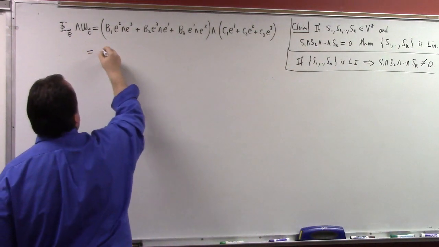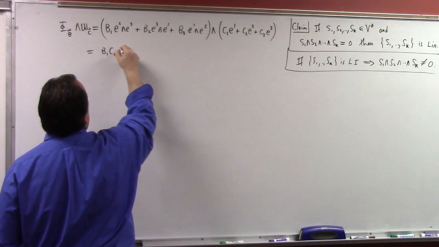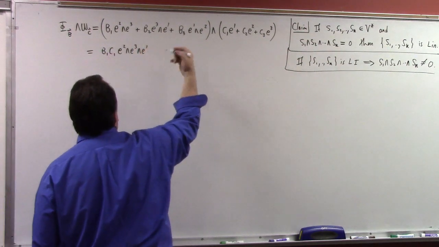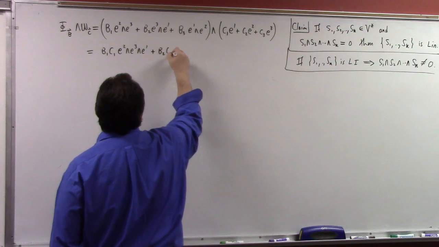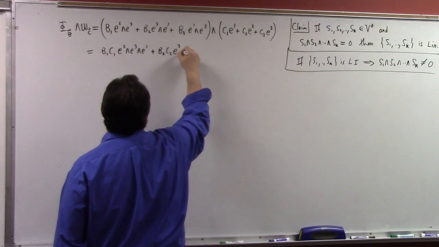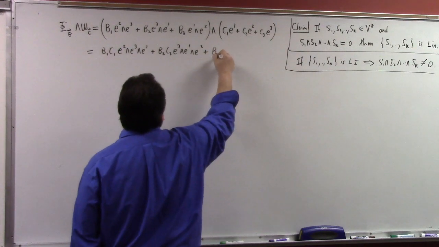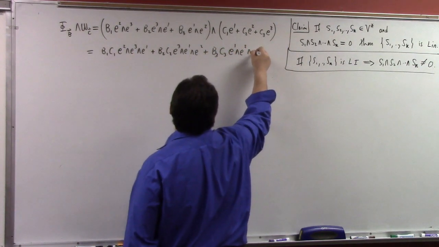So for example, you've got a B1, C1, E2 wedge E3 wedge E1. No parentheses needed because the wedge product is associative. Then you've got a B2, C2 of E3 wedge E1 wedge E2. Then you've got a B3, C3 of E1 wedge E2 wedge E3.